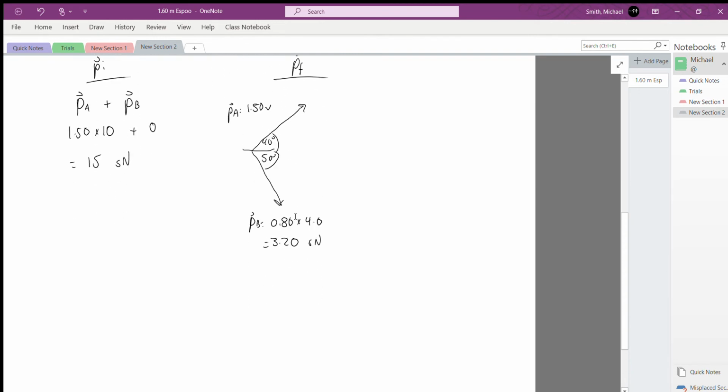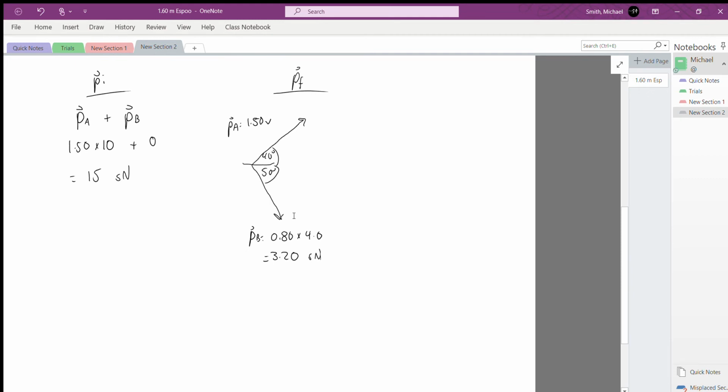Now, if we're going to add these two momenta together, we're going to use vector addition. So it'll be the final momentum of A plus the final momentum of B. Now we have from the question, if this is 40, that'll be 50 up in that corner, and similarly, if it's 50 degrees below horizontal, this will be 40 in that angle there, so we end up getting a right angle.